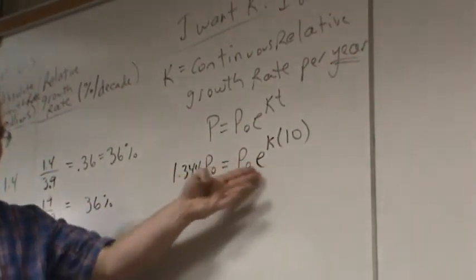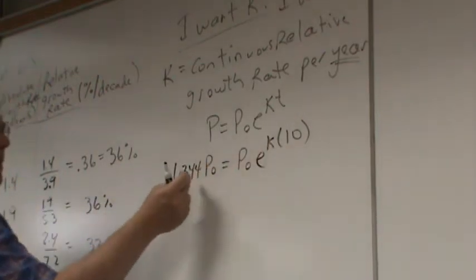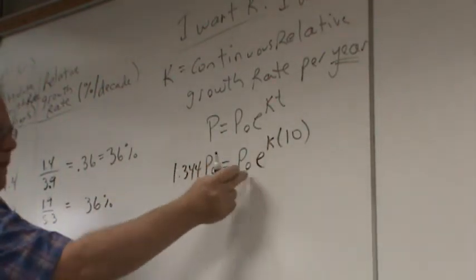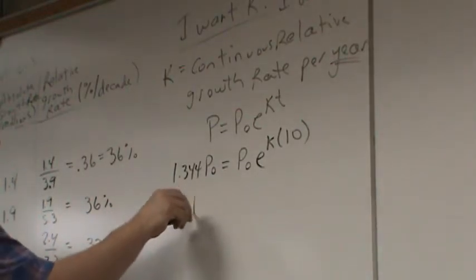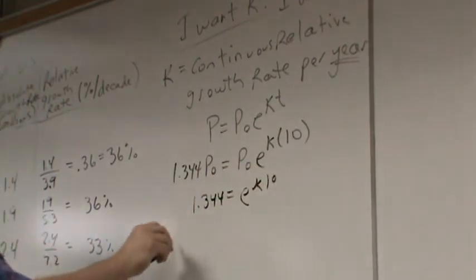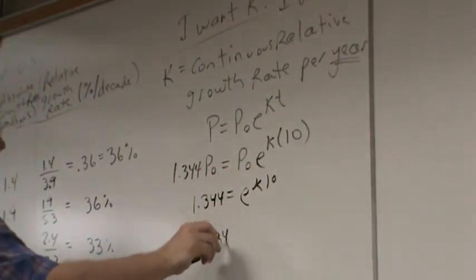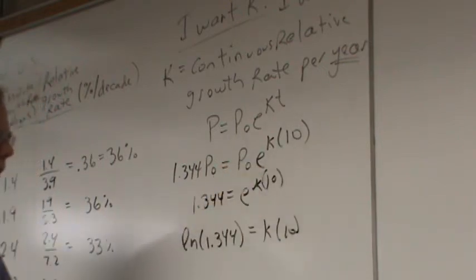But I had to set it up like this to show that if I'm getting 34.4% growth per decade, then every 10 years my final population should be 1.344 times my initial population. So I'll divide both sides by P naught, take the natural log of both sides, and then divide both sides by 10.